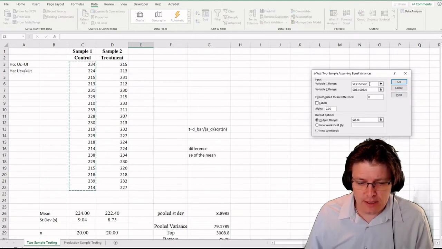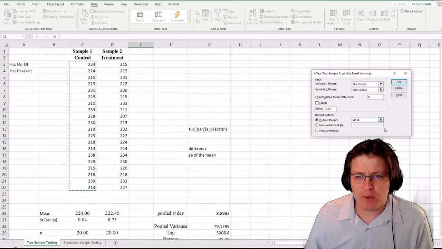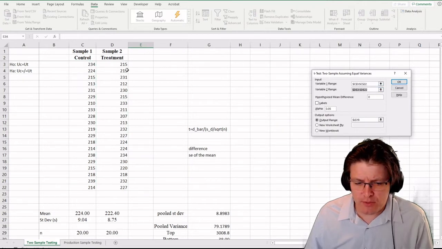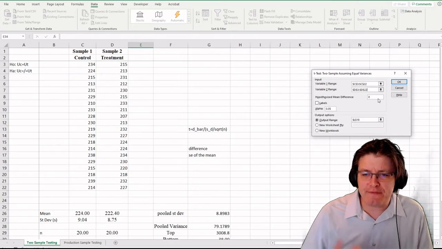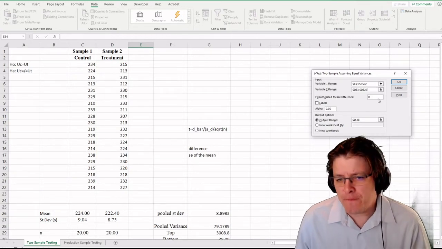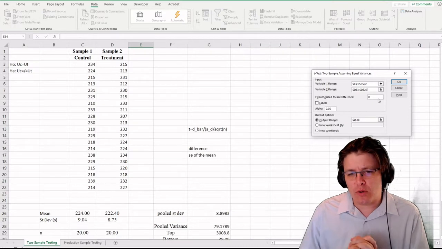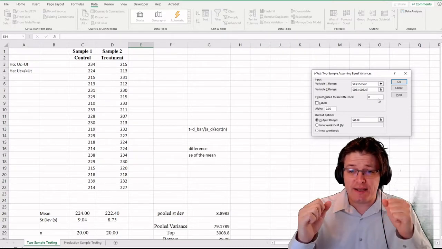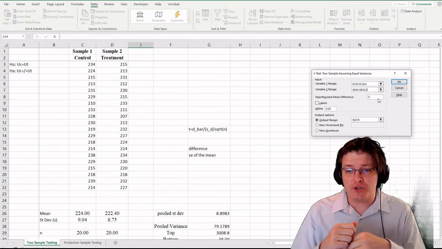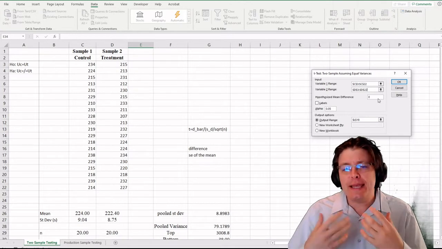Okay, and I have this plugged in here still, so variable range 1, variable range 2. Now there are some other options here. The hypothesized mean difference is equal to 0. So this two-sample testing, so far we've always been setting the two population means equal to each other. It is more flexible.